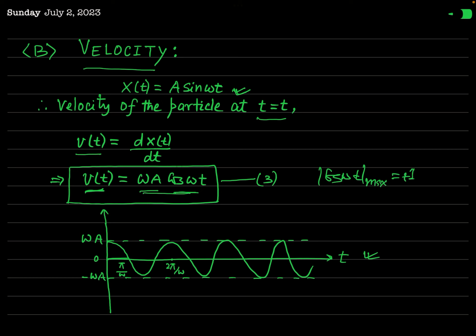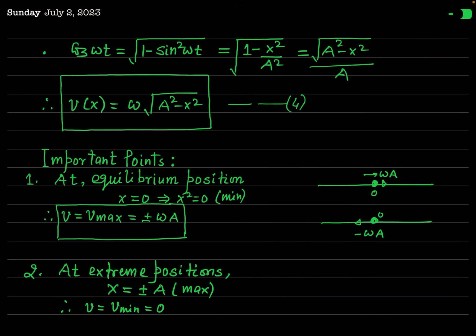And so the maximum value of magnitude of velocity of the particle will be omega a, and this is actually called the peak velocity. So you can see that the maximum velocity I have shown here is either omega a or minus omega a. Okay. And this is the graphical plot.